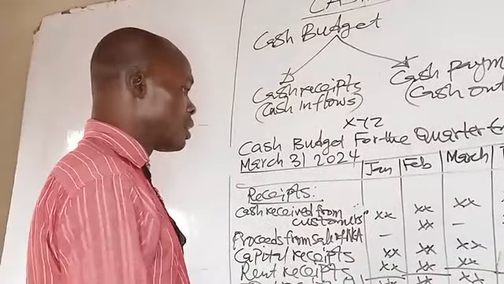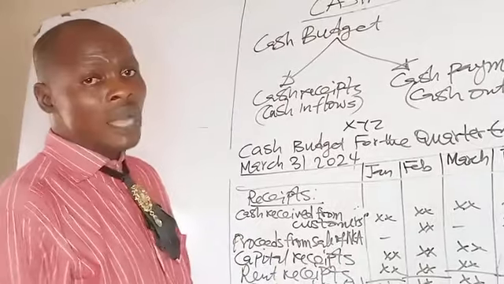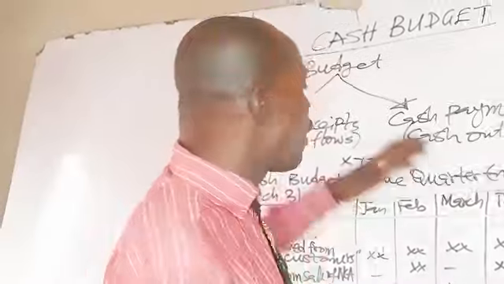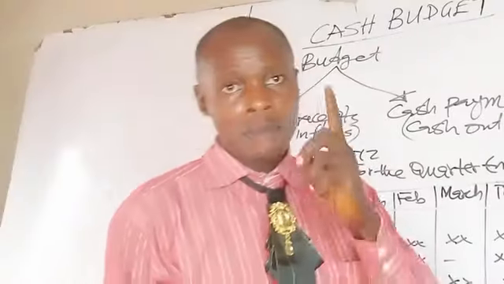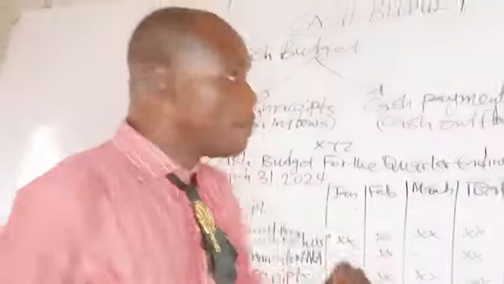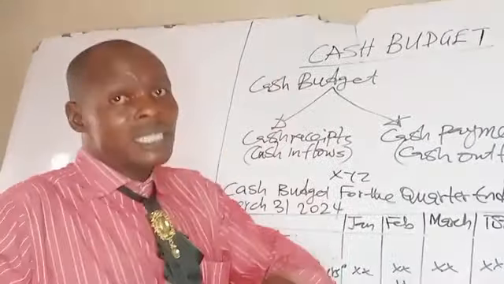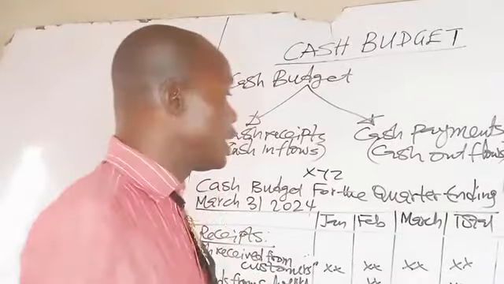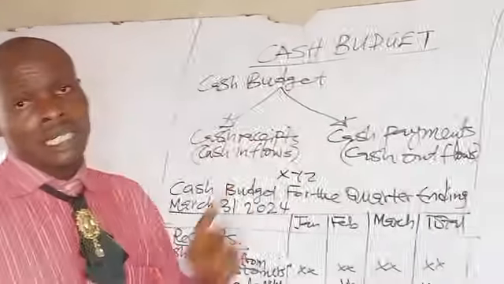What are those items that should not form part of cash budgets? Remember, I've told you that cash budget shows the cash inflows and cash outflows, meaning that anything that does not involve flows of cash should not be recorded or entered in the cash budget.